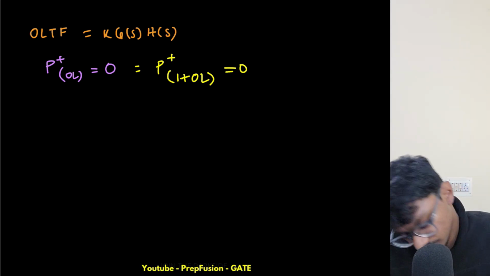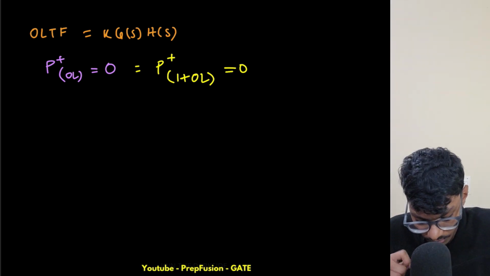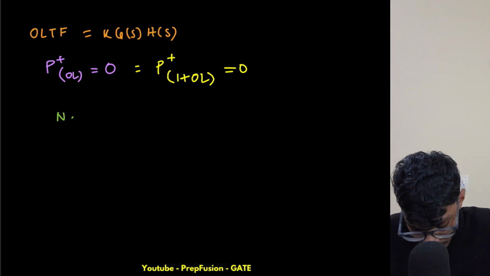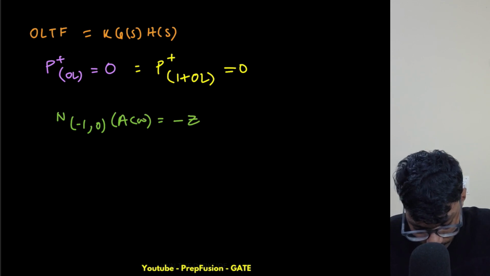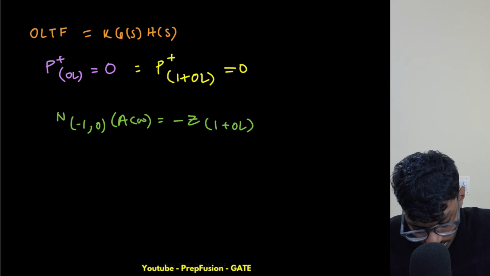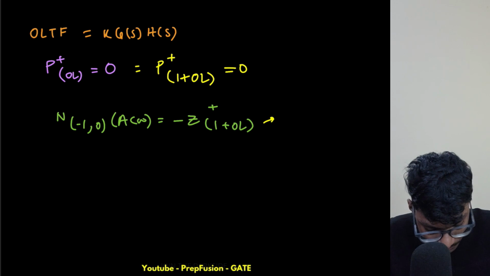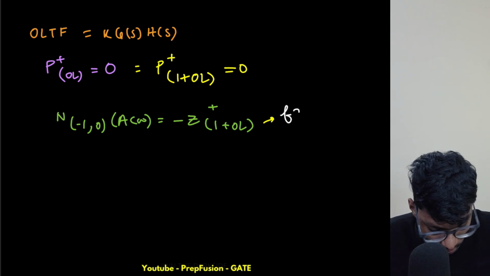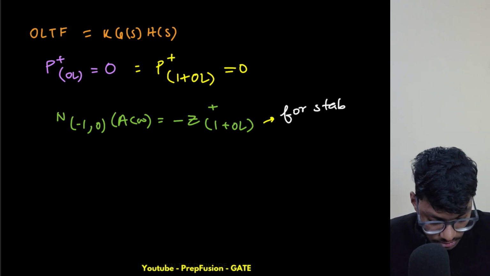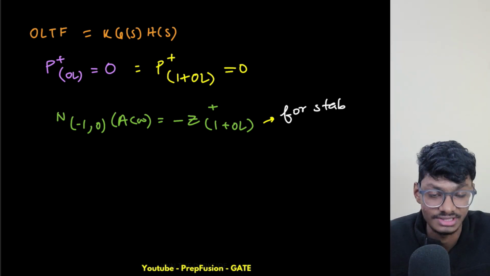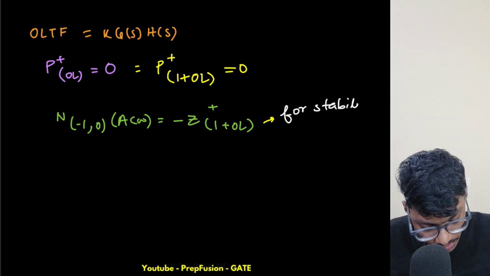If P plus of 1 plus OL is also 0, what does this mean? This means basically that my N around minus 1 comma 0, in anti-clockwise direction, basically has to be minus Z of 1 plus OL, right? Now for stability, obviously Z plus of 1 plus OL has to be 0 as it represents the closed loop poles.